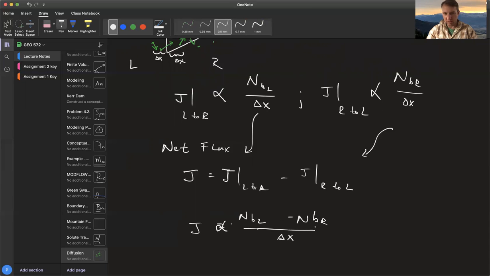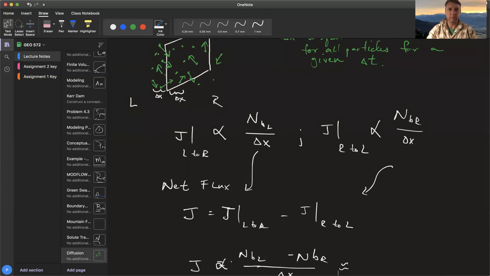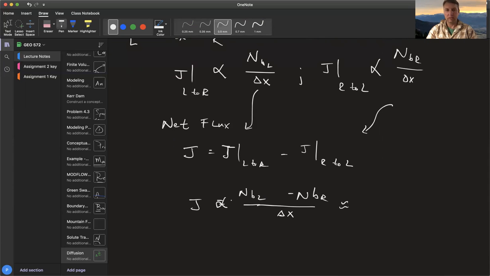Well, this guy here is essentially the gradient in the number of bits. And if each one of these has a volume of delta x by delta y by delta z, there's a volume on either side of this, we can basically surmise that the flux is proportional to the concentration gradient, dC/dx, all right?